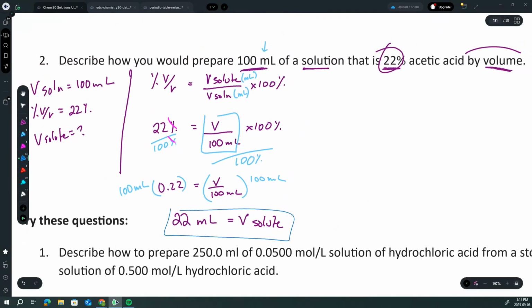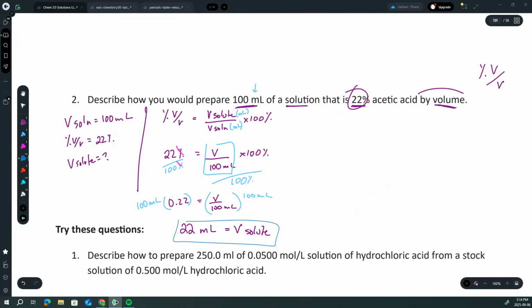So if I was to describe how I would prepare this solution here, essentially what I'd do is I'd take a little bit more than 22 milliliters of acetic acid, because that's our solute, and I'd put it into a beaker.